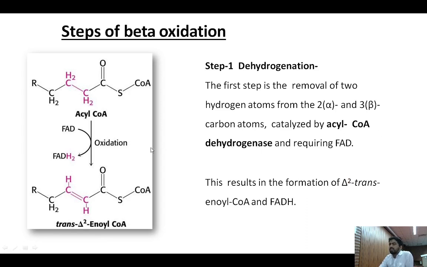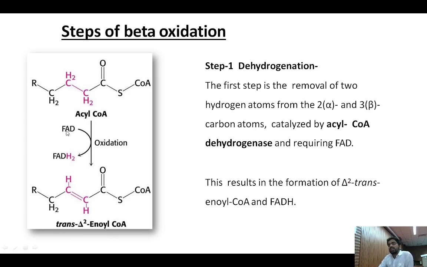The cofactor required is FAD, forming FADH2. So the first proper reaction of the beta oxidation is acyl coenzyme getting oxidized into trans-enoyl coenzyme A with the help of the enzyme acyl coenzyme dehydrogenase.